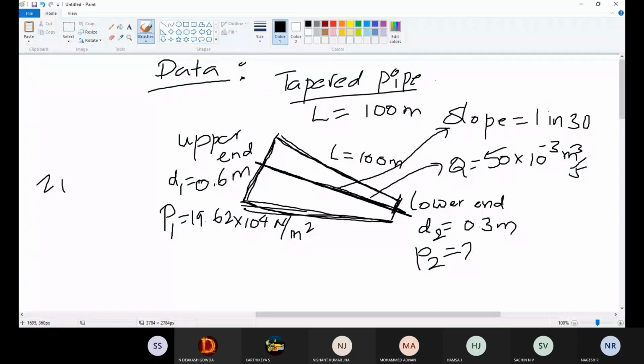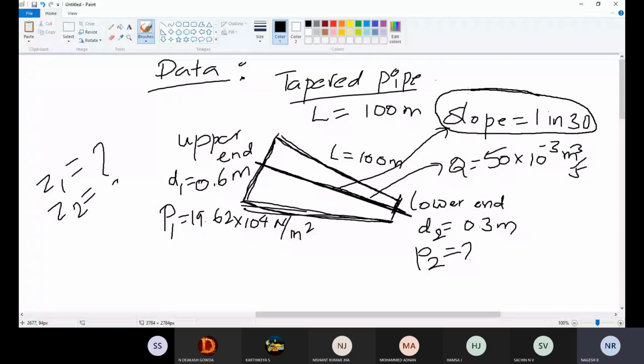But when Z1 and Z2 are not given, and the slope is given, I should find out the values of Z1 and Z2 with respect to it. I need to consider one term equal to 0. Z1 I cannot take as 0 because it is at the upper end. I can take Z2. In the previous case, Z1 and Z2 were given, so I was taking the datum line at Z1.